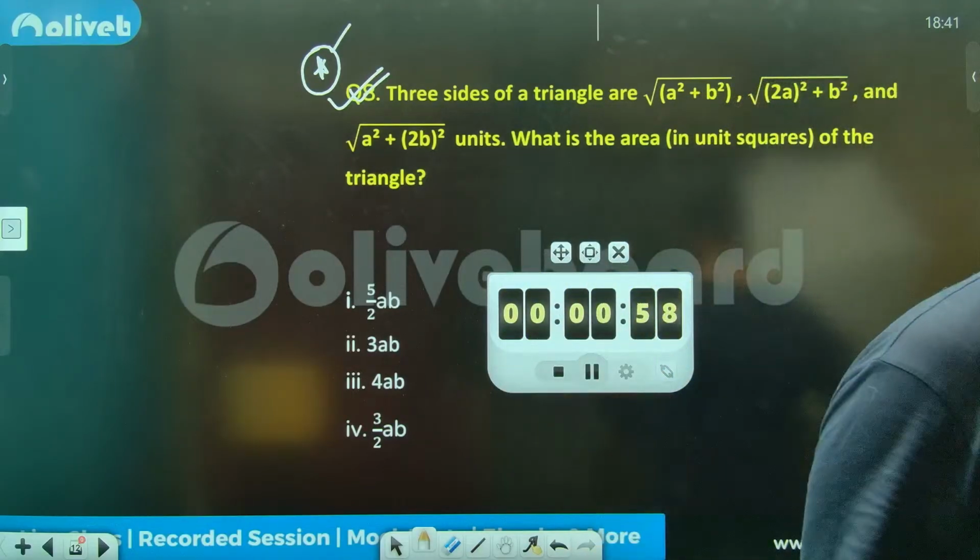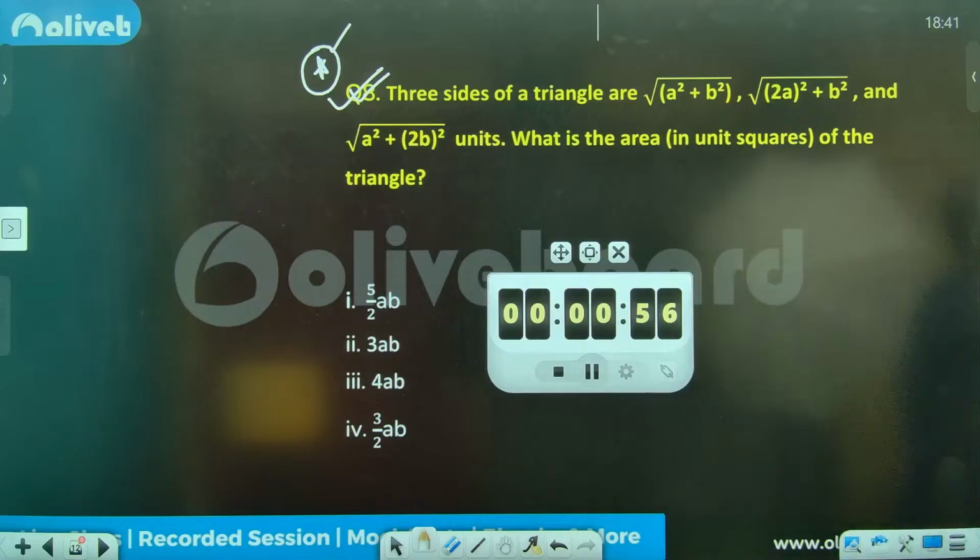Do it and tell me the answer. Complete this and tell me the answer.